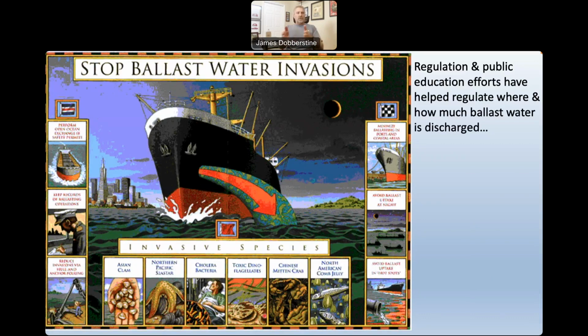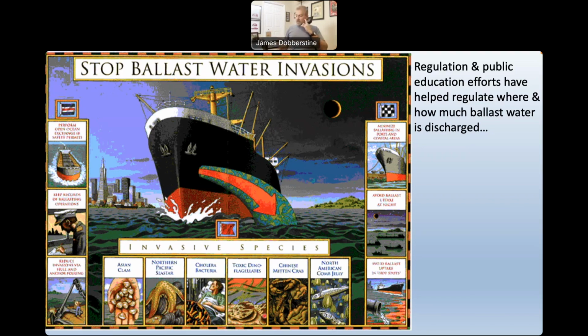So a lot of times when you go from one state to another at the border, they require that you pull over into a boat washing station and actually clean your boat, clean your trailer before you proceed into the state in order to prevent an invasive species from a neighboring state that they weren't able to control from invading areas in the neighboring state, if that makes sense. I don't know if I said that very well, but you get where I'm going.